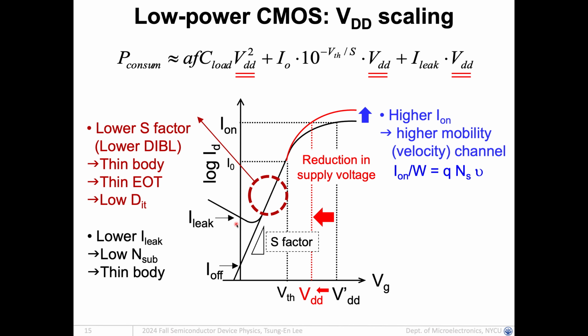And the last part is the leakage at 0 volt of gate bias. We can reduce this part by tuning the VT, such as carrier concentration modulation, and also the body thinning. So hopefully, if you can understand the device physics in this course, then you can design the way to further improve the VDD in your device.